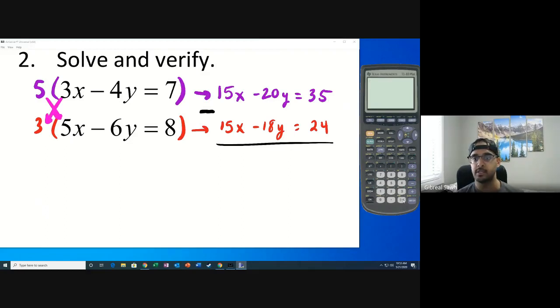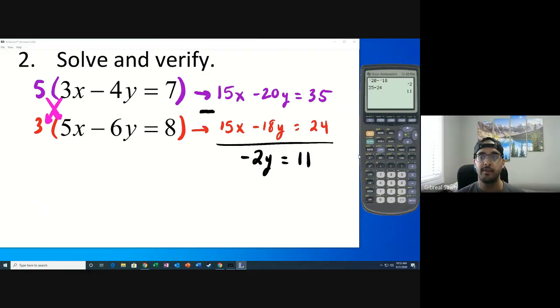Use your calculator, that's what it's there for. So negative 20 minus negative 18. That double negative again makes us add a line, change that sign to addition. So we should get negative 2. We should be getting more positive. So that tells us we have negative 2y's, and then 35 minus 24, that's equal to 11.